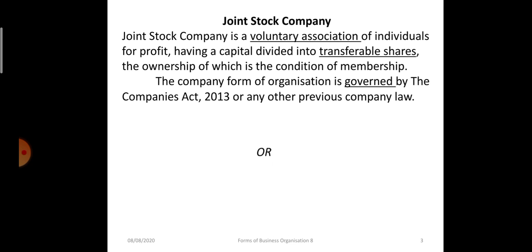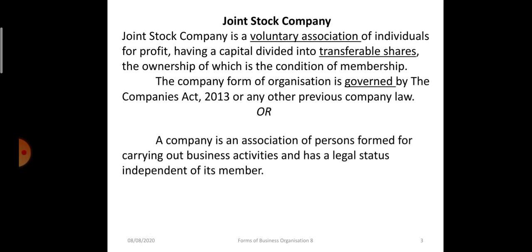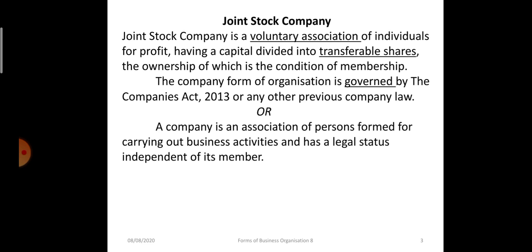Now we can even define the joint stock company as an association of persons formed for carrying out business activities and having a separate legal existence. The company has a separate legal existence. In case of sole proprietorship, HUF, partnership, the enterprise did not have a separate legal entity. In case of cooperative society, there was a separate legal entity; the members and the business organization were separate.